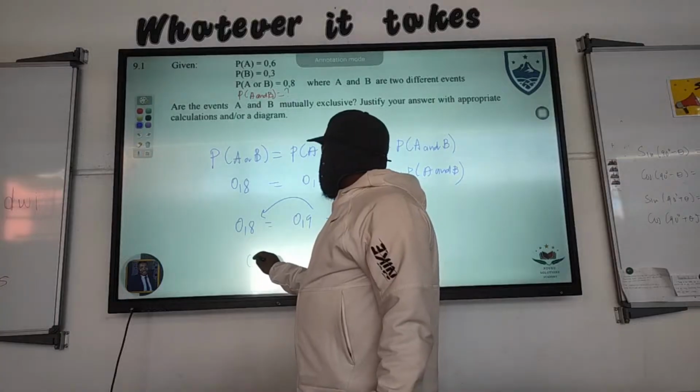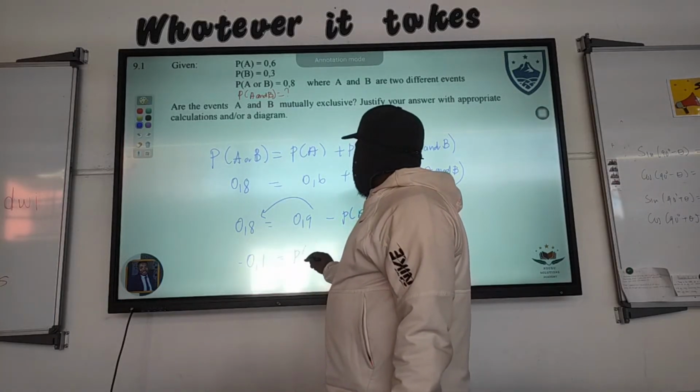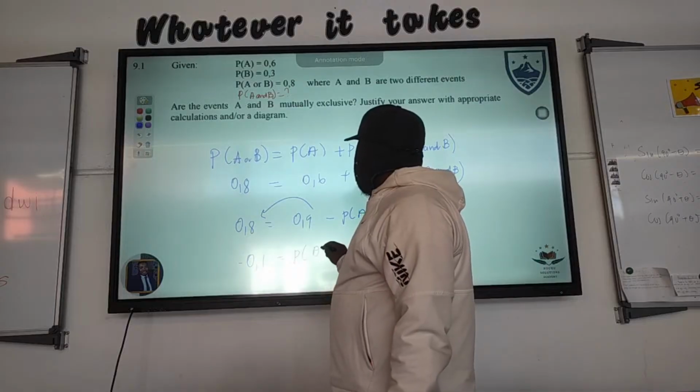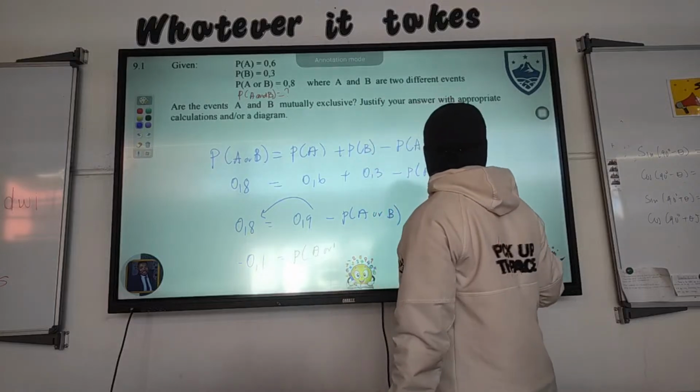It will be negative 0.1 is equal to negative the probability of A and B.